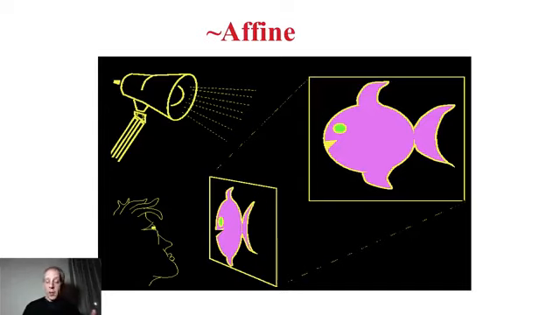And one of the ways to model this is with these affine transforms. So basically, if your object is relatively planar, relative to the distance to the camera, like here, for example, a drawing on a plane, and we are looking, this is the camera, at kind of a planar shape, then there is an affine transform.